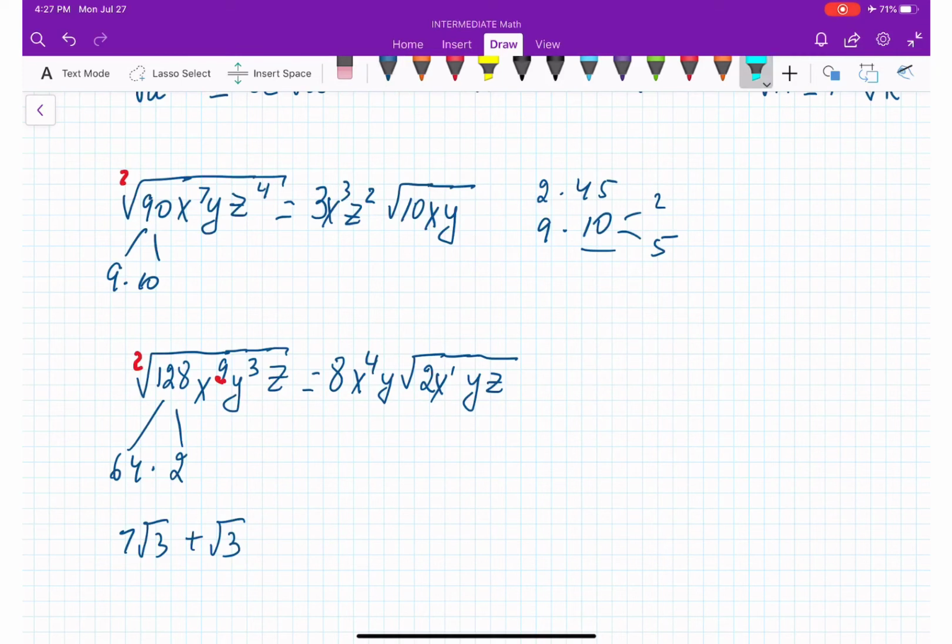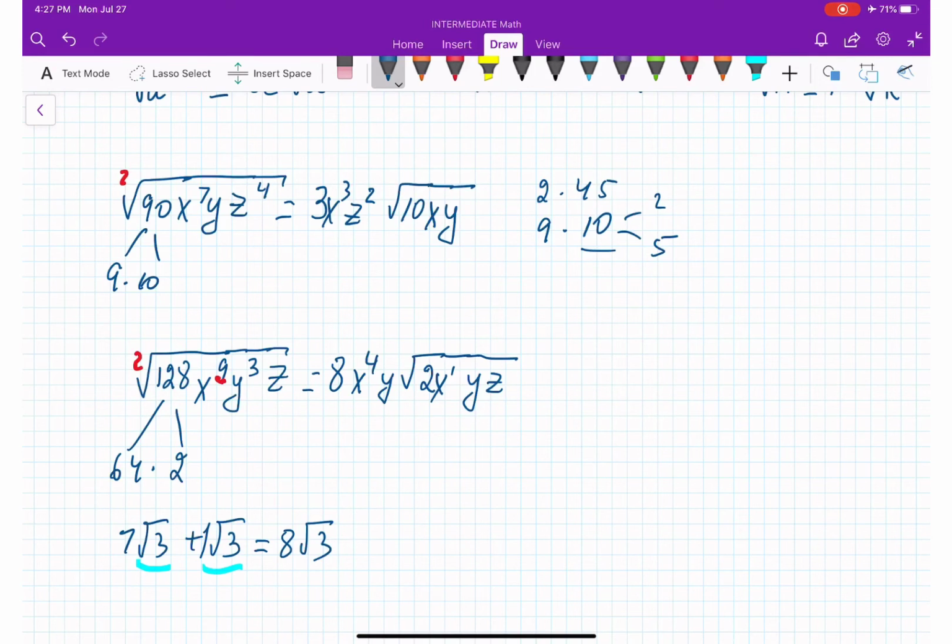What do I mean by that? We have square root 3 here, and square root 3 here. When we have the same radicals, we can add or subtract. The coefficient here is going to be 1, right? So 7 square root 3 plus 1 square root 3 is 8 square root of 3.